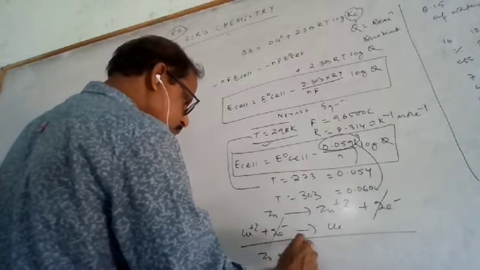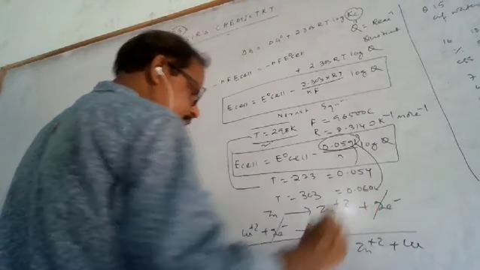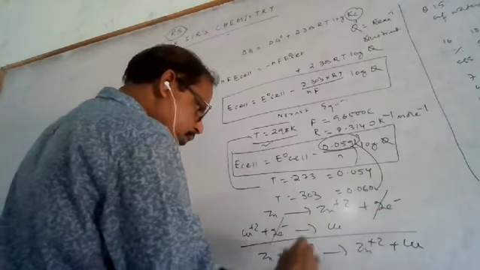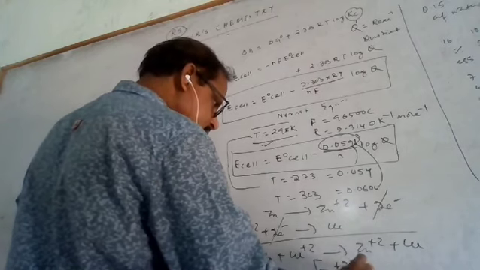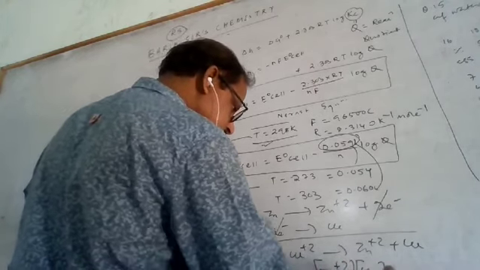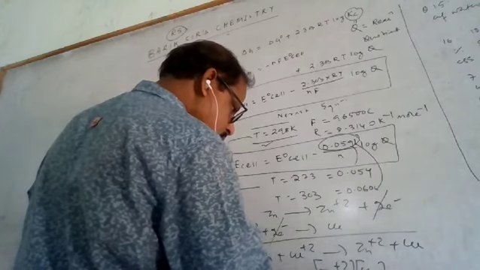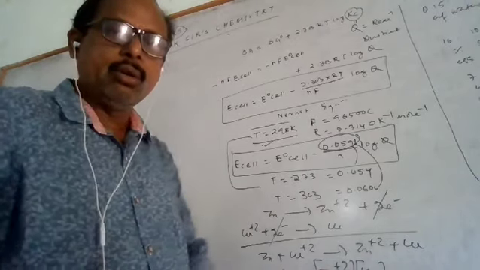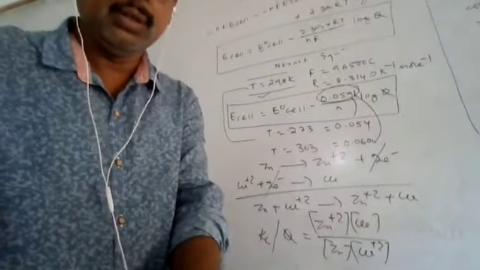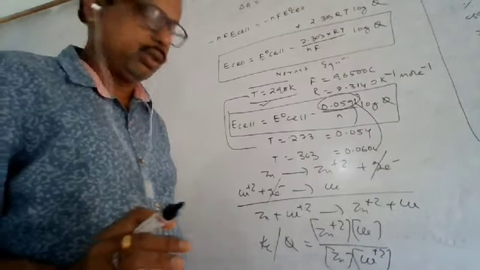Zn plus copper plus 2 will be converted to Zn plus 2 plus copper. So Q will be the product concentration, Zn plus 2 concentration into copper concentration, by the Zn concentration into copper plus 2 concentration. This is the Q, or you can say the equilibrium constant.